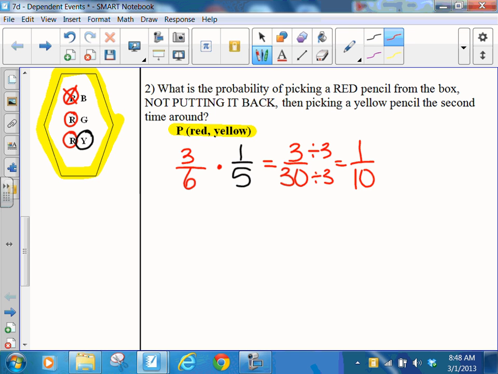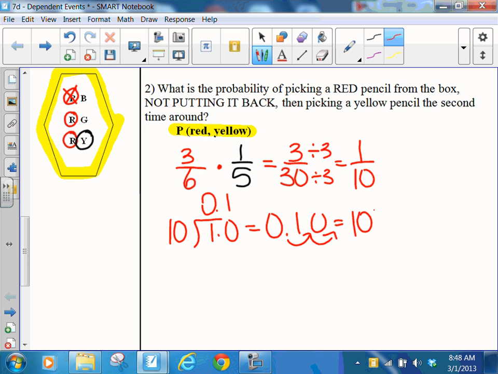And we get 1 in 10. Last step, change 1/10 into a percentage. 1 divided by 10 is 0. Put in our decimals. 10 goes into 10 one time. Move the decimal 2 places to the right, and we equal out at 10%.